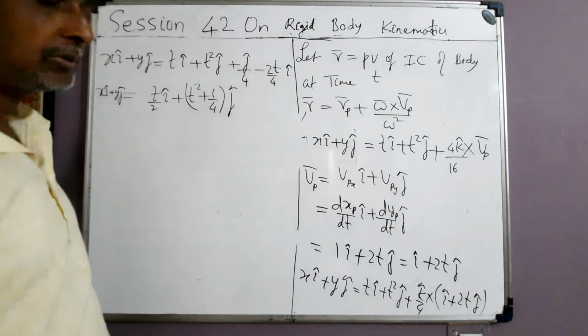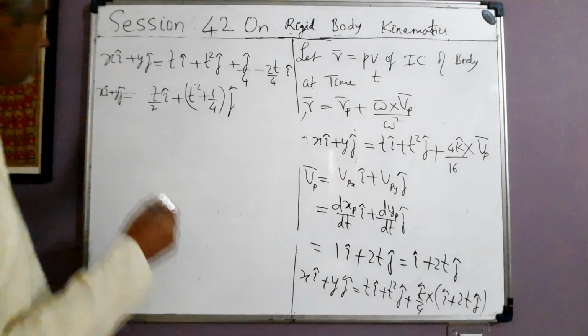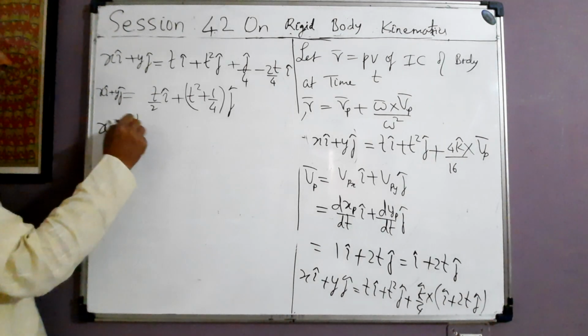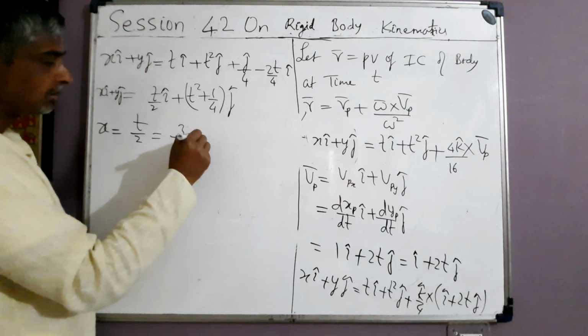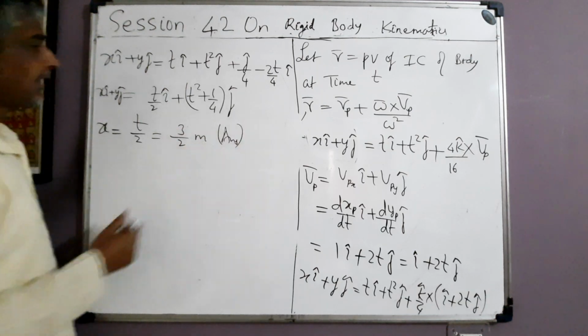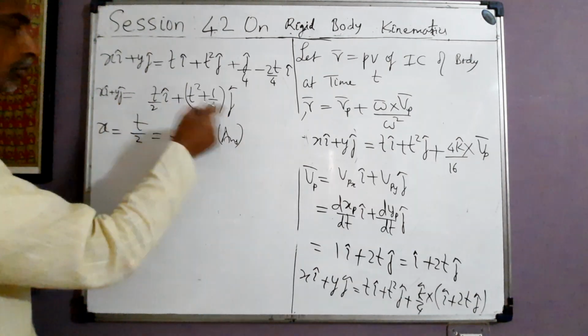Now I compare the respective coefficients of i hat and j hat on both sides. So the x coordinate of IC at time t is t by 2, and at t equal to 3 it becomes 3 by 2 meter. One answer is here, and we equate the coefficient of j on both sides.